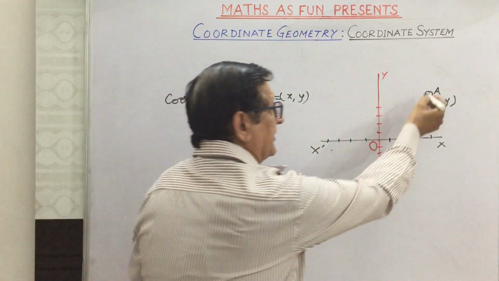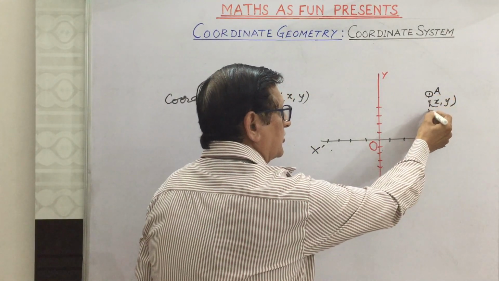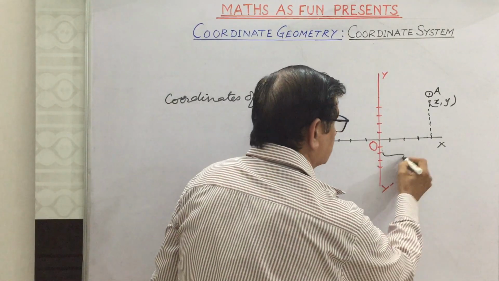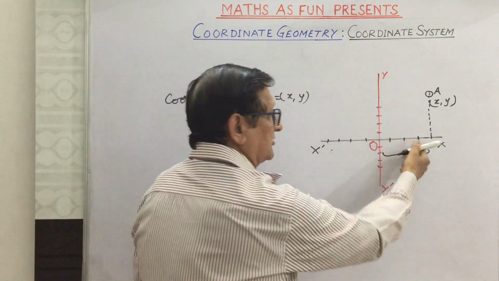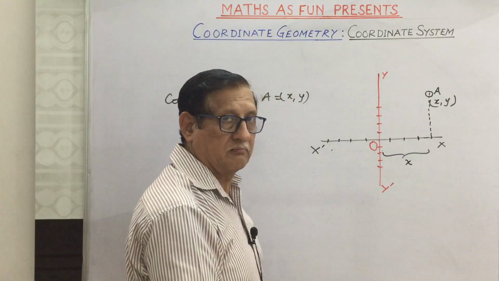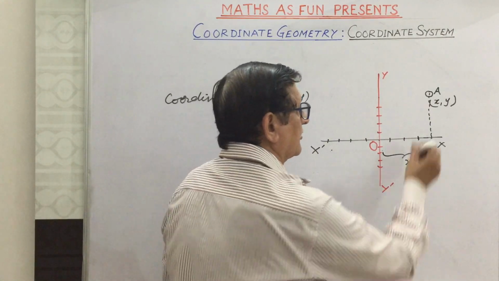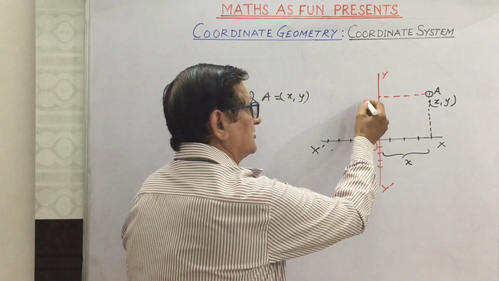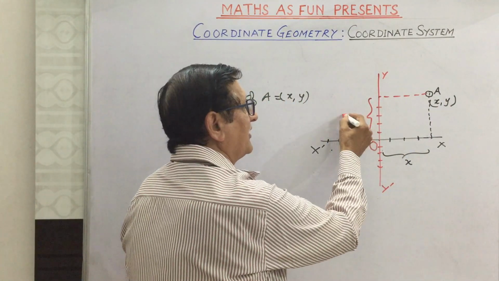If we draw a perpendicular from this A to the x-axis, this is the distance from the origin, which is x. And if we draw a perpendicular from A to the y-axis, then from the origin, the distance along the y-axis is y.